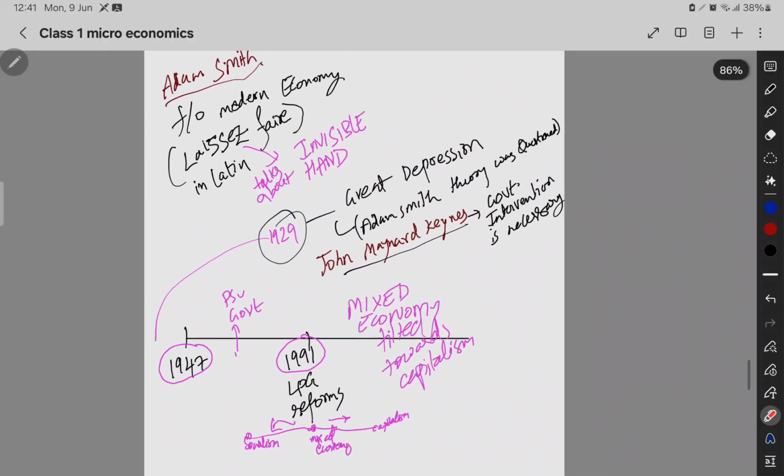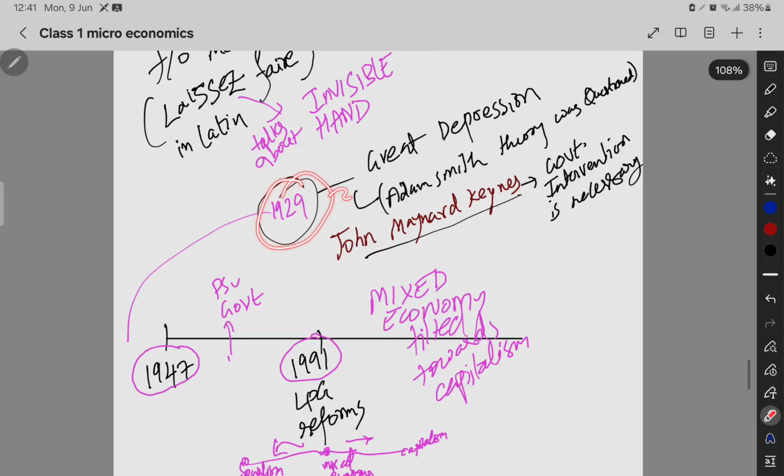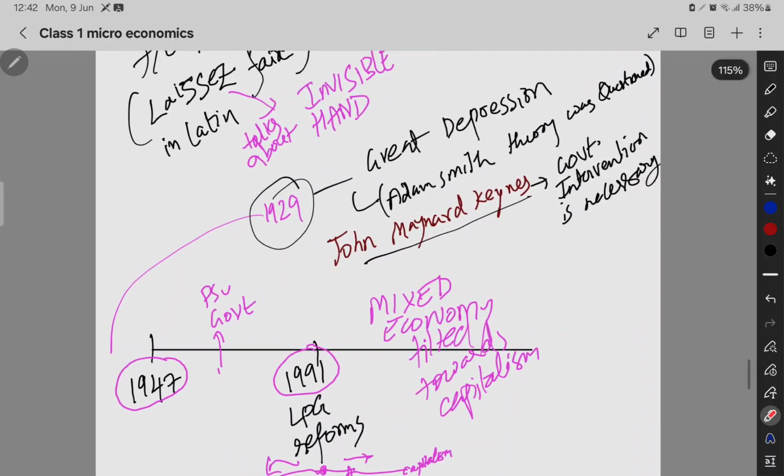So, why do you think Adam Smith's modern economy invisible hand fails? Do you know the 1929 Great Depression of America? Did Adam Smith's theory really function during the Great Depression? Do you think it is just okay to rely on demand and supply of the market and blindly believe in an invisible hand? Don't you think there needs to be a government intervention? That's right.